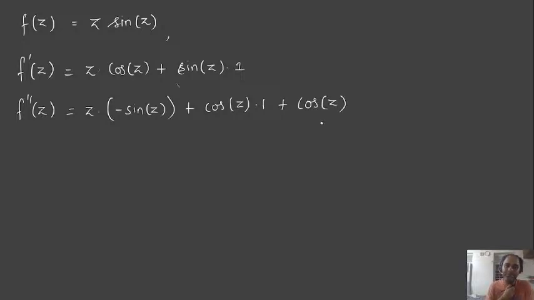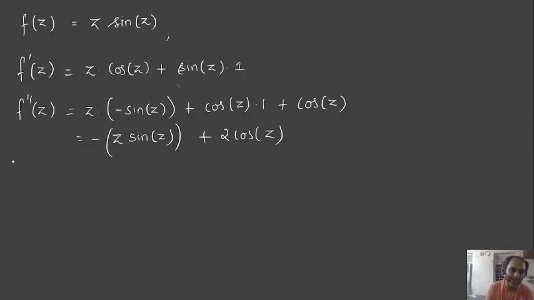So this is what you have got in the derivative notation. If you simplify this, it is minus z sin z plus 2 cos z. This is the derivative that you will get. I hope you are getting the second derivative.